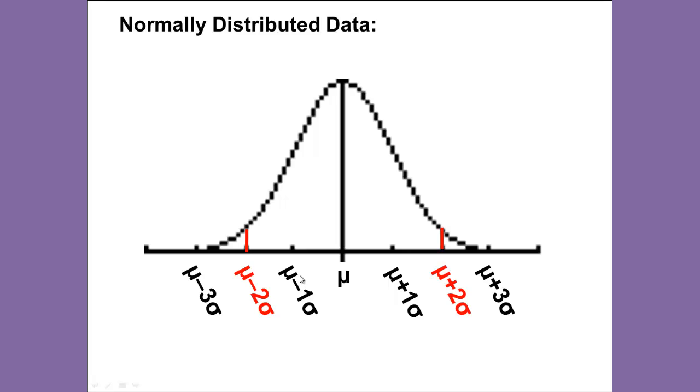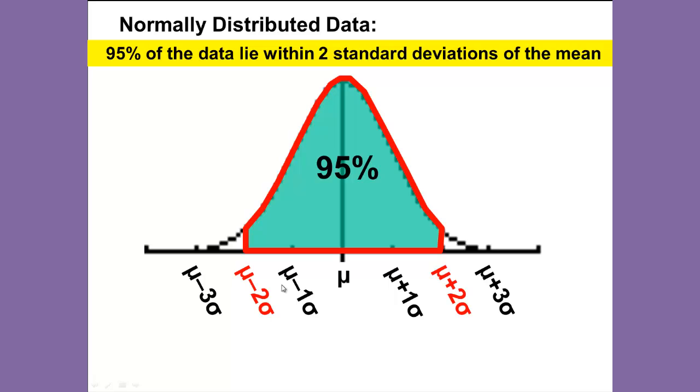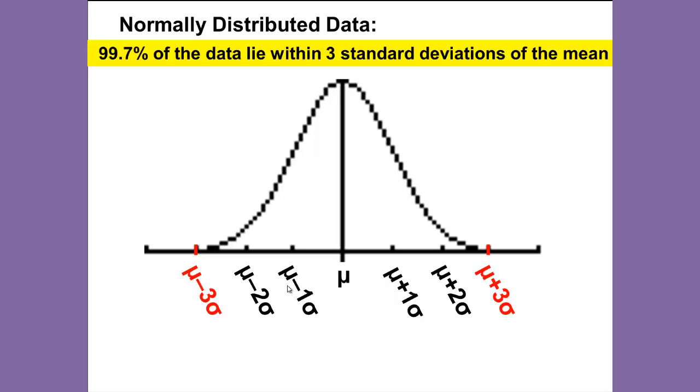Next, we will look at two standard deviations from the mean, two jumps in both directions. We know that 95% of the data lie within two standard deviations of the mean. Next, we look at three standard deviation jumps in both directions. 99.7% of the data lie within three standard deviations of the mean.